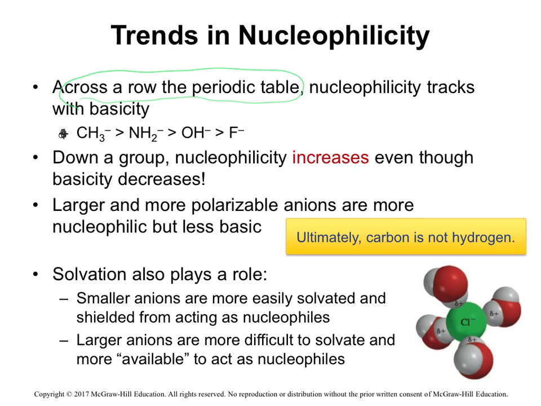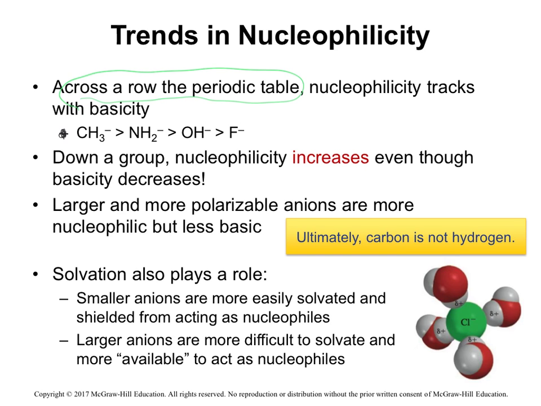So it should make sense here that the methyl carbanion is going to be more reactive than fluoride F-. Okay, this is a much stronger base than this one. Whenever this goes in and attacks, it's going to be adding a methyl group. This will be adding an amine, an alcohol, so on and so forth.